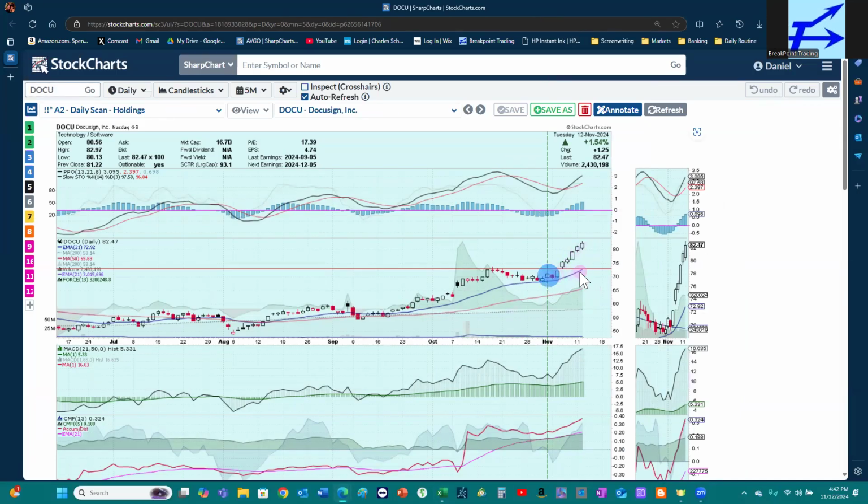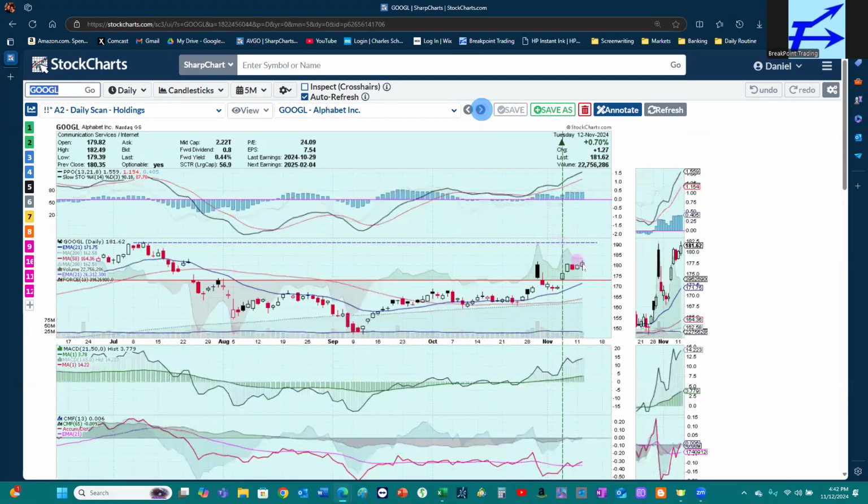This is the day we bought it, and this is where we moved our stop. The 21-day moving average is right at where the stop is. That's what I was hoping for. It's continuing to go up, so we will not move the stop any further. We'll wait for the 21 to get higher. And actually, we'd like to see this pull back some and then start to move up a little bit more. So that one looks pretty good.